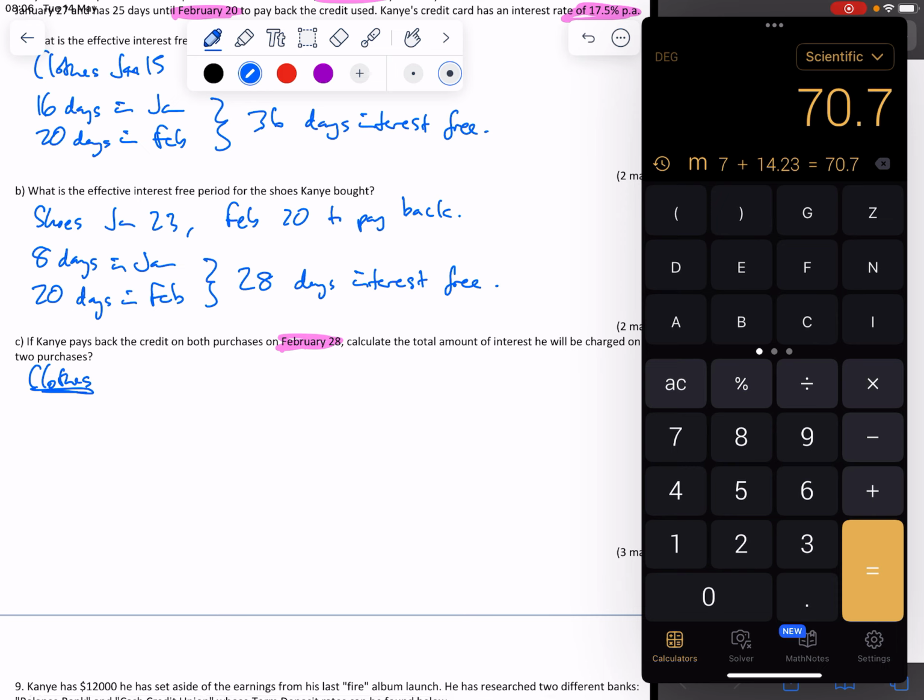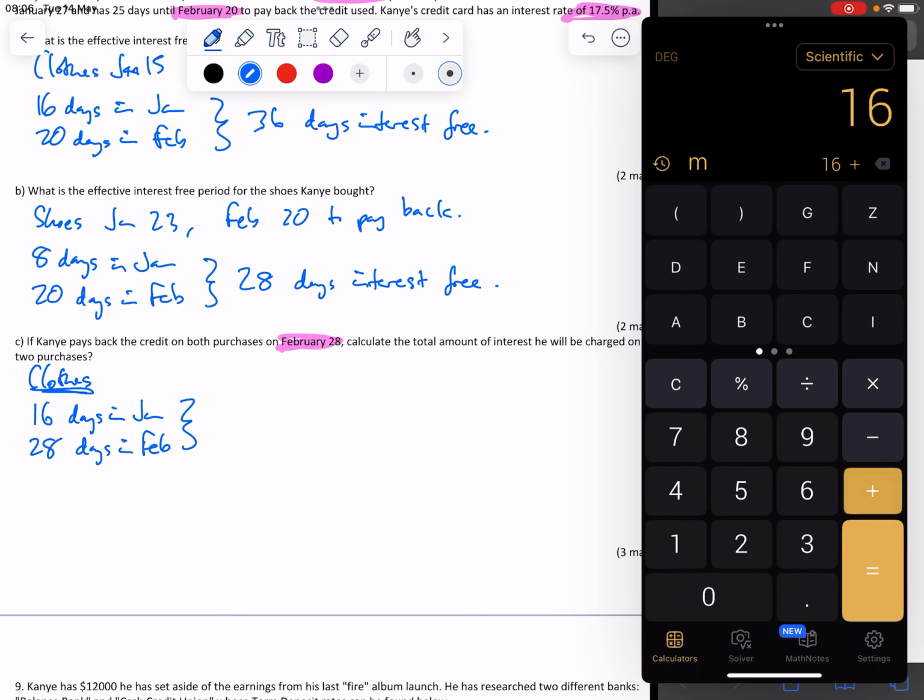But then he paid them back on the 28th, so 28 days in Feb. And remember, interest is calculated from the day of purchase if you're late, not from the date that you needed to pay it back, which was the 20th. So 16 plus 28, you've got 44 days since the purchase of those clothes.